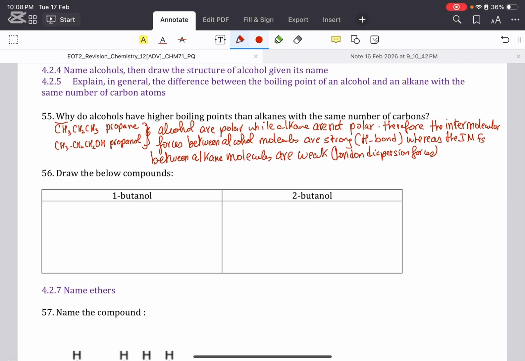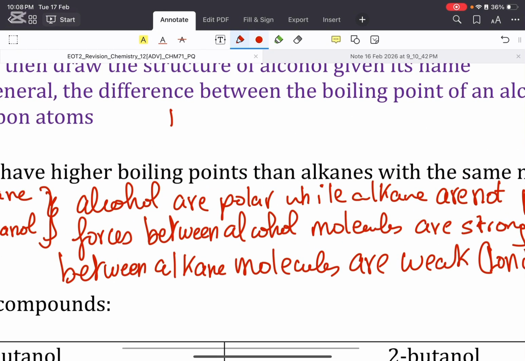So you need to understand something. If I have a liquid and I need to boil it to make it a gas, I need to break the intermolecular forces between the molecules of the liquid. I need to make them loose and weak and break in order to turn to gas.